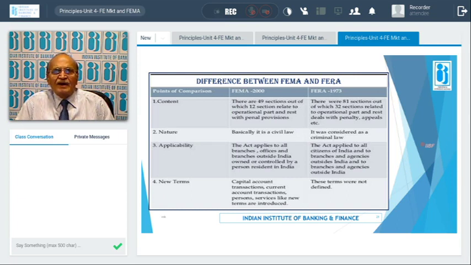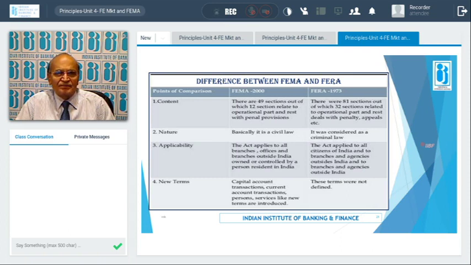Applicability: FERA is applied to all citizens of India and to branches and agencies outside India, as I said. Whereas FEMA applies to all branches, offices and agencies outside India owned or controlled by a person resident in India.